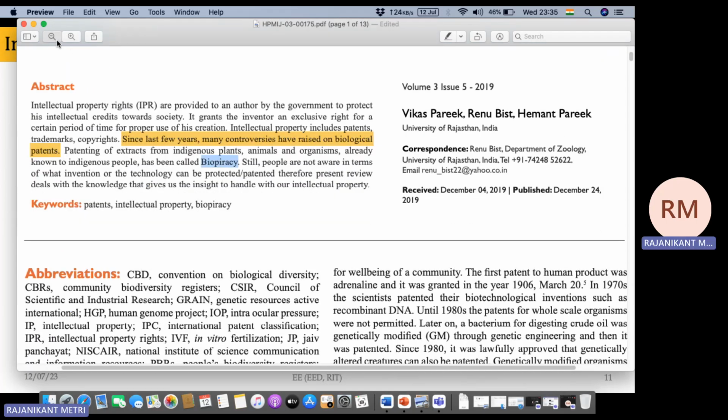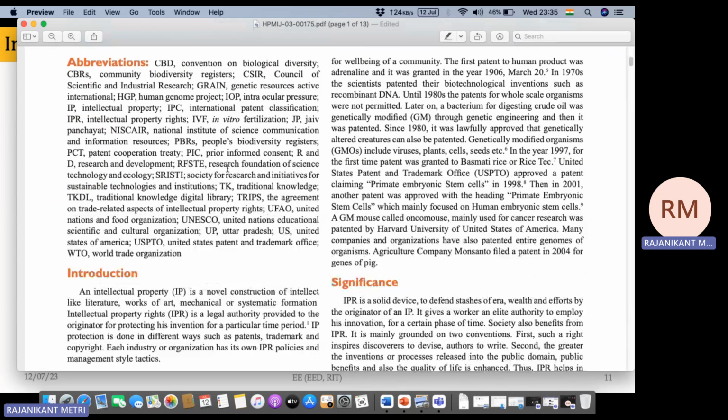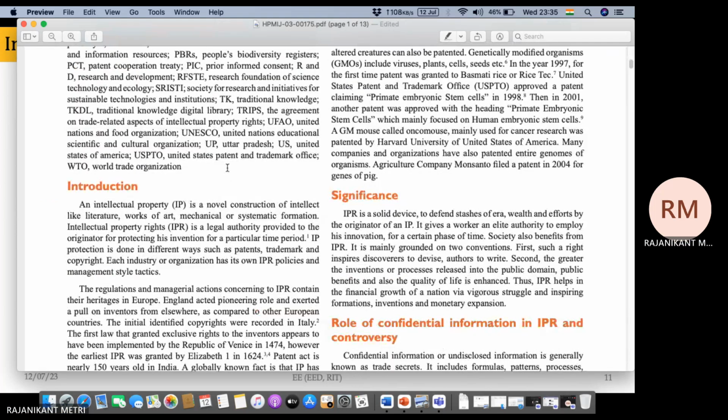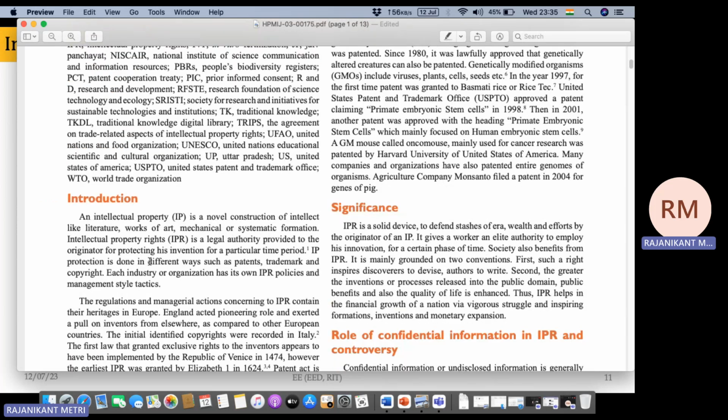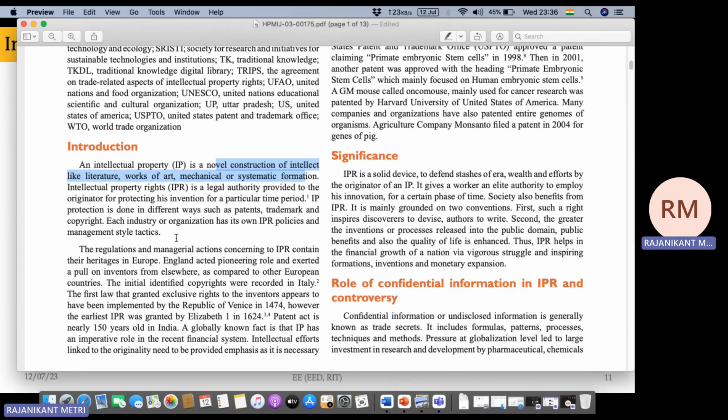Now here the authors have tried to review the IPR related to the biological sciences field. They have started with what is IP, and then what is IPR, and then regulations and managerial actions concerning IPR, their heritage in Europe, England, and different places.